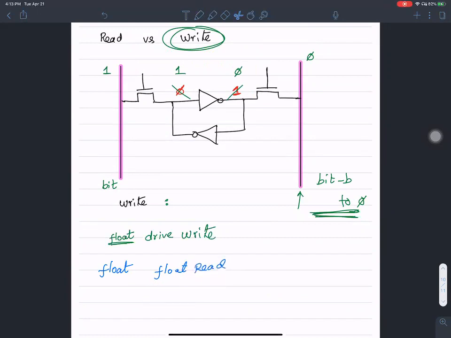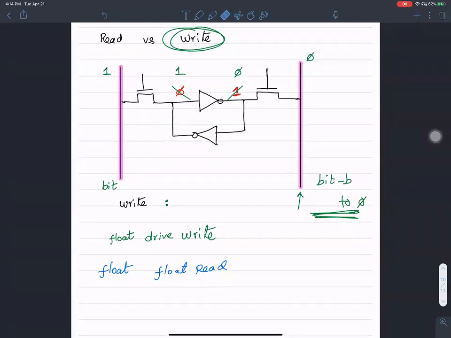That's a good question. What it means to be floating is to pre-charge it and disconnect the power supply. When you're driving it, you pre-charge it, but you still leave the connection to the power supply intact. You don't disconnect from the power supply.